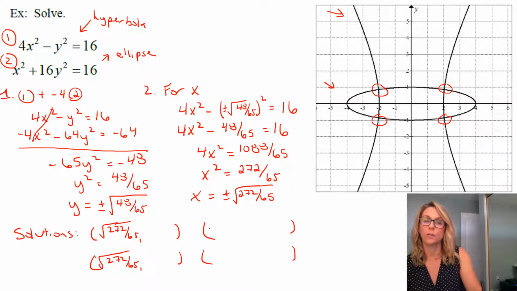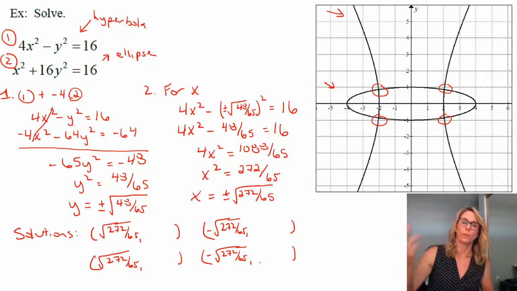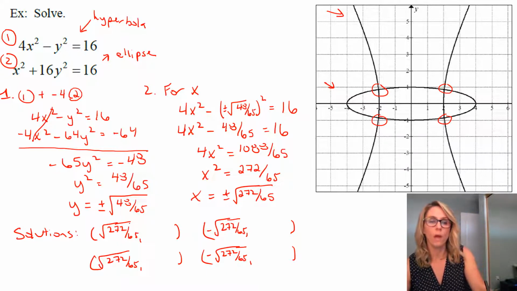But then I have 2 with the negative square root of 272 over 65. That's because there are 2 possible y values for every possible x value. So we have positive, positive. Now I'm doing the y values here. Positive, positive. I also have positive, negative.